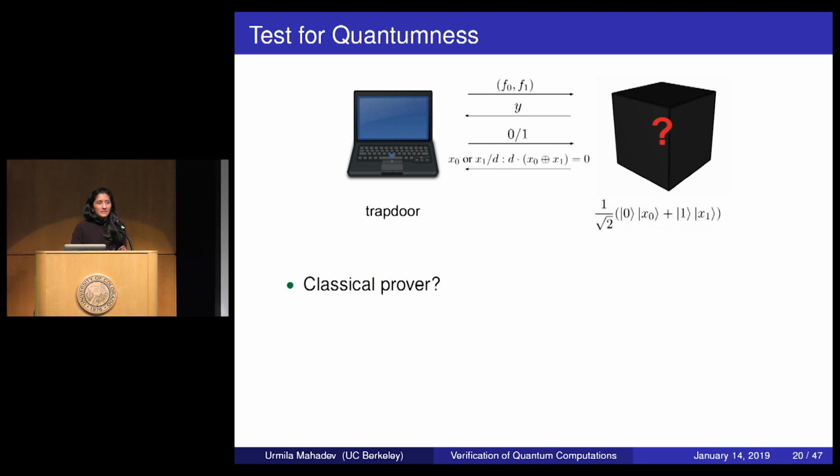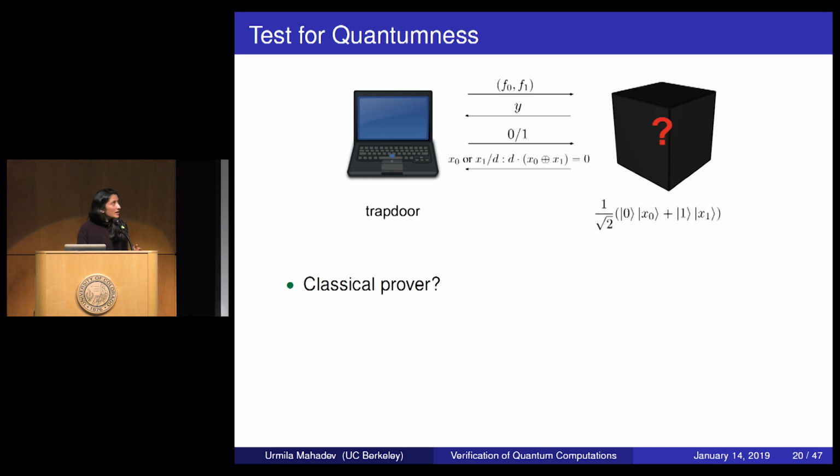Now, what would happen if a classical machine could pass this test? So let's say the classical machine could pass the challenge whether the verifier asked for a pre-image or a Hadamard basis, or a string D. Then what we could do is we could rewind the prover. So we could run him on the pre-image test, extract a pre-image from him, rewind him, run him on the D or the Hadamard test, and extract a string D from him.